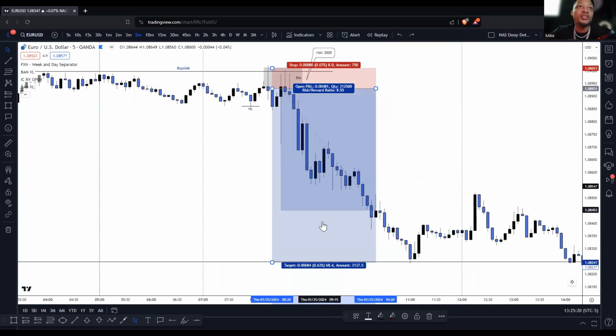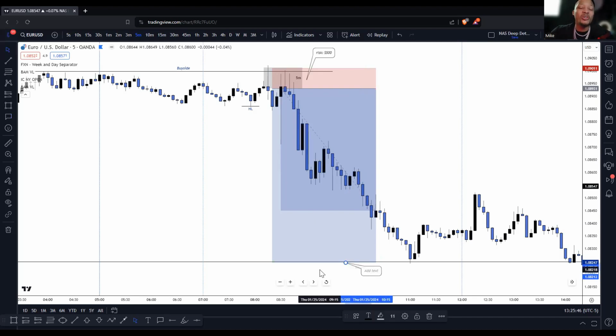What if I was to take that 500 and multiply it by 8.55? What would my profit be then? So I love math, but I'm not a calculator. So we're going to have 500 times 8.55 means I would have made $4,275.